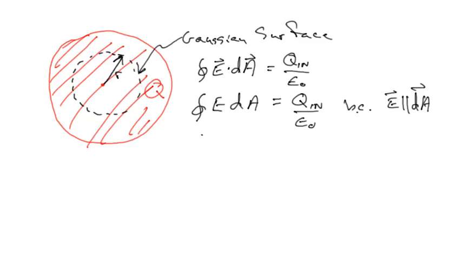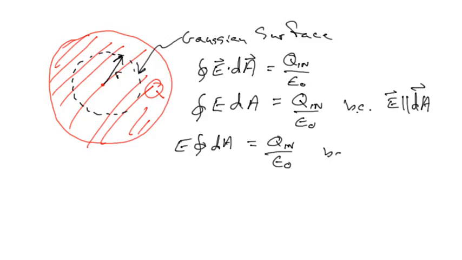And then I can factor out the E, but only because it's got the same magnitude at all points on the Gaussian surface.